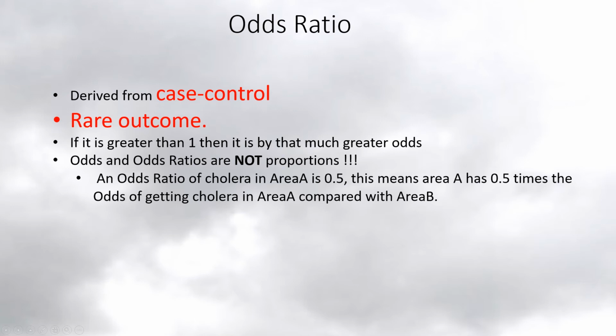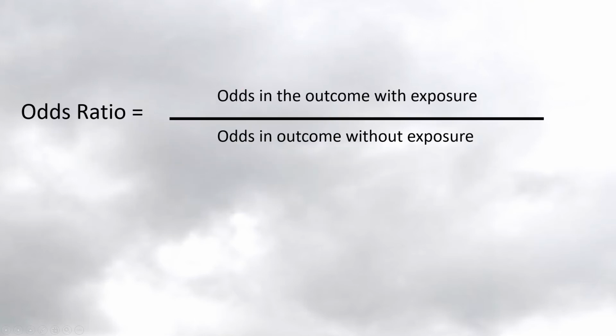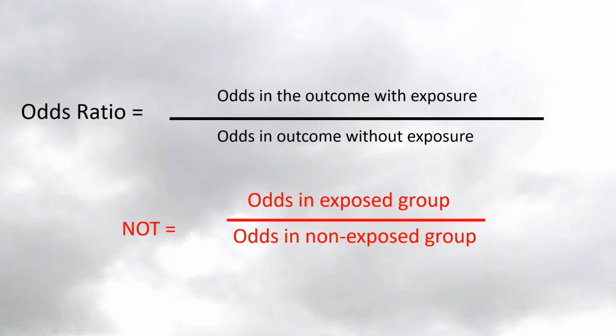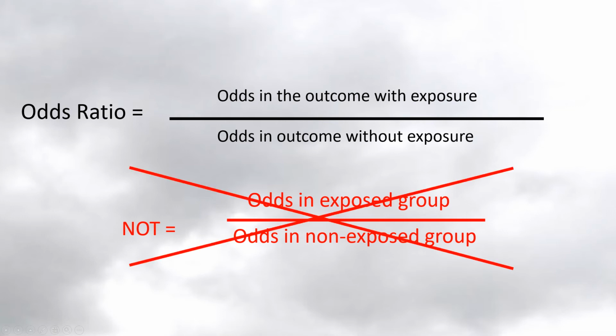Just state that. Right then, odds of the outcome with exposure, odds of the outcome without exposure. That's how to look at it. It's not just in the exposed group versus the non-exposed group. This goes with all of them. You're talking about the odds of the outcome with versus without. Okay?